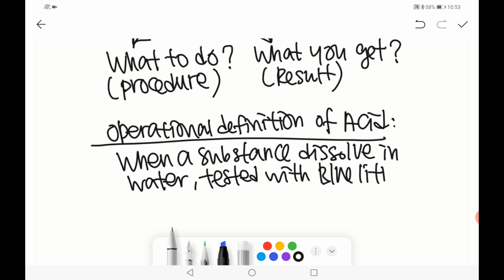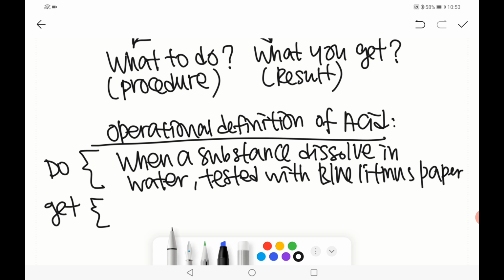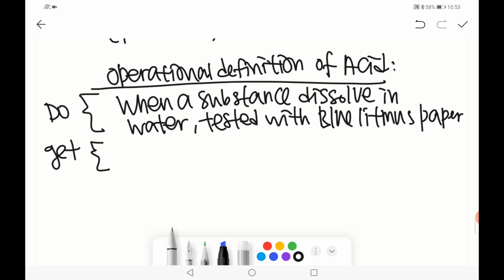Everything that you can see on the screen here, this is what I do and what I will get. What is the result when I dissolve a substance in water and test it with blue litmus paper? You will realize that the blue litmus paper turns red, and that's it.